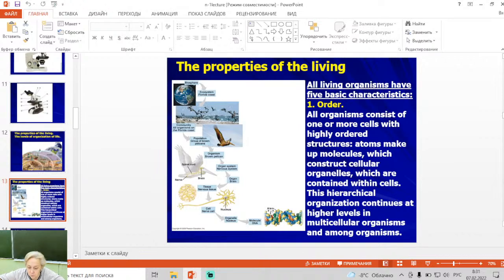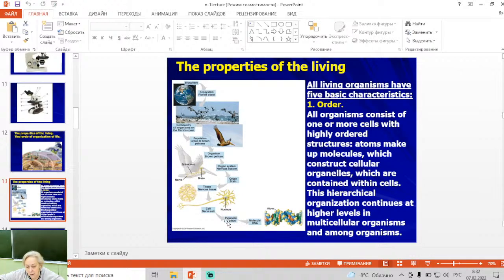On this picture you see how a lot of atoms form a molecule, for example, a molecule of DNA. Molecules form organelles, for example, the nucleus includes a molecule of DNA.